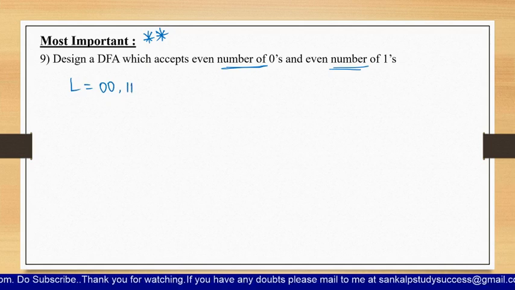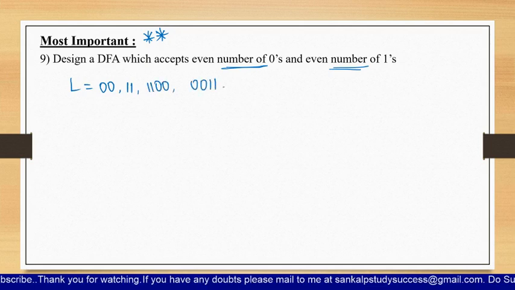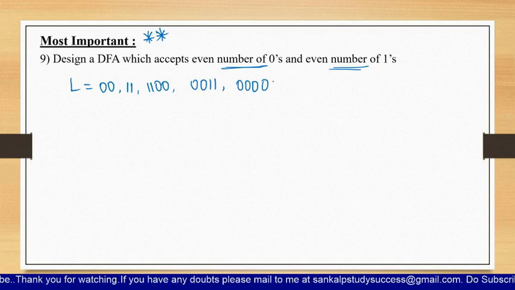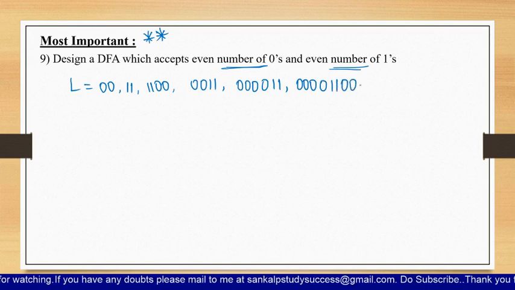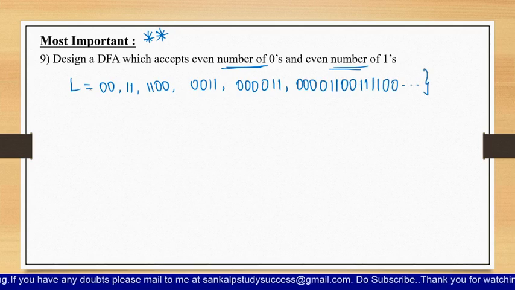And here even number of ones, which is accepted. 1100, 0011, 4 zeros followed by 11, and so on. In this way, any length can be there, but it should have an even number of zeros and an even number of ones. If it accepts in such a way, then the DFA will be correct.